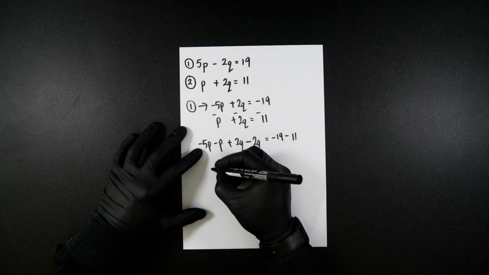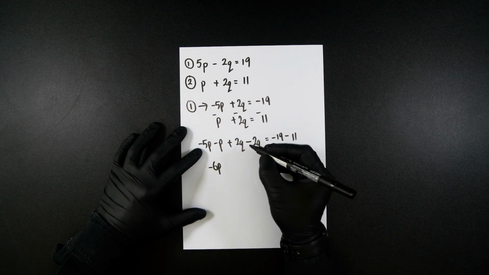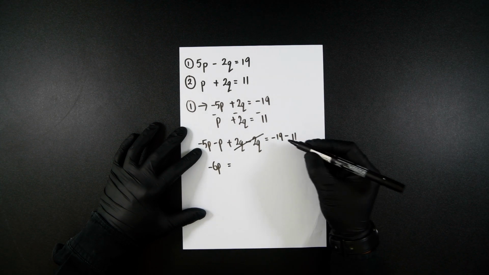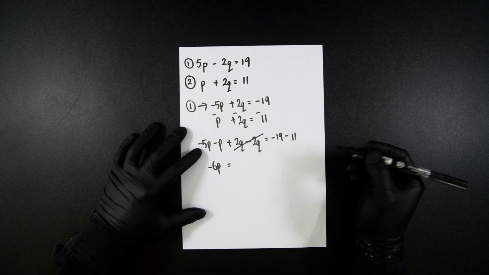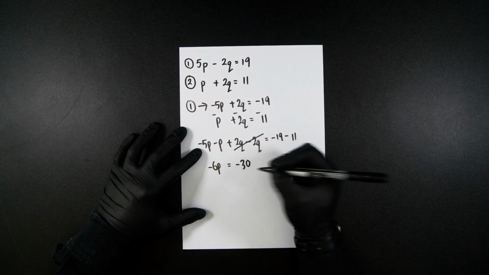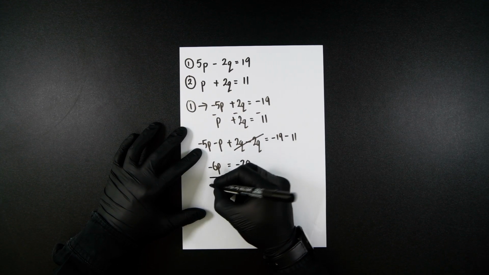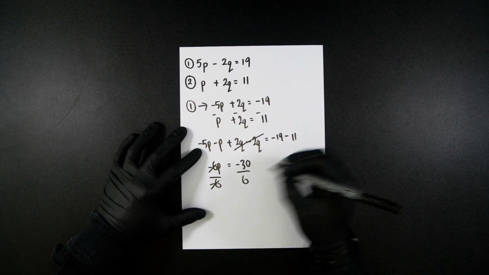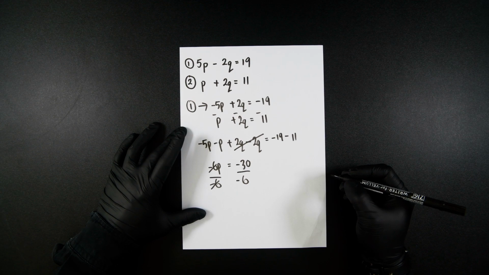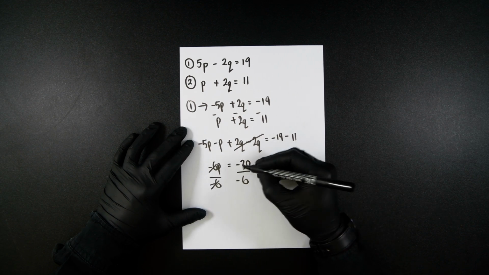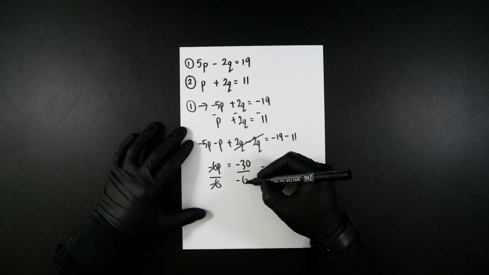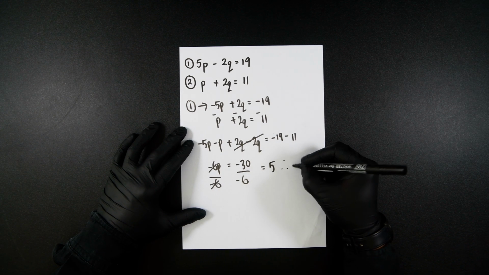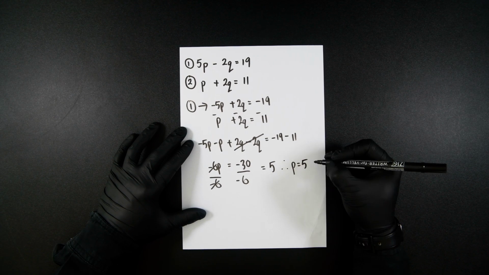Minus 5p minus p is minus 6p. 2q minus 2q vanishes. And then minus 19 minus 11 would be minus 30. If we now divide both sides by minus 6, your minus 6s cancel out, and you would then get minus 30 divided by minus 6, which would be positive 5. So therefore, p would equal 5.